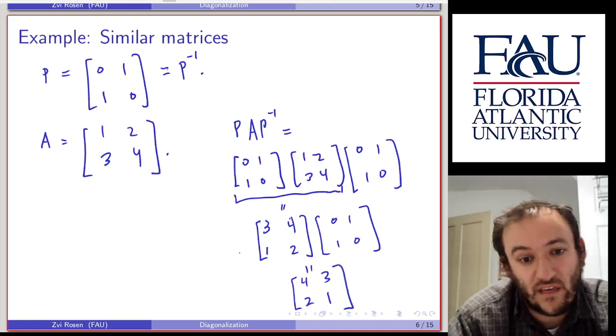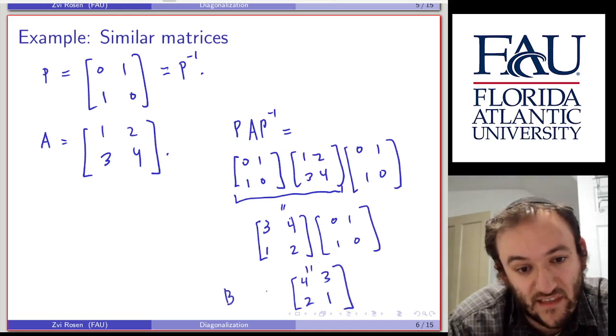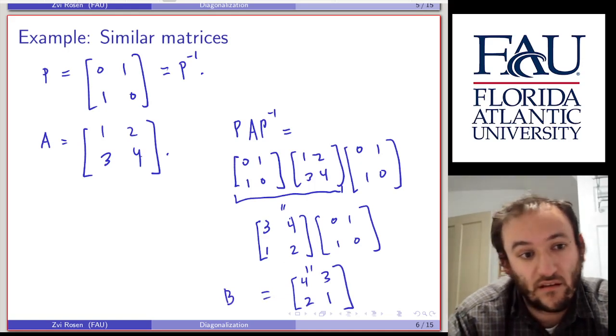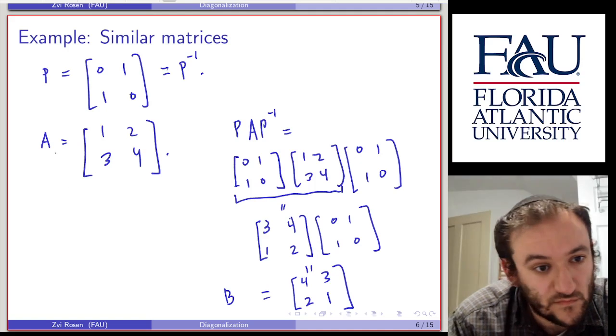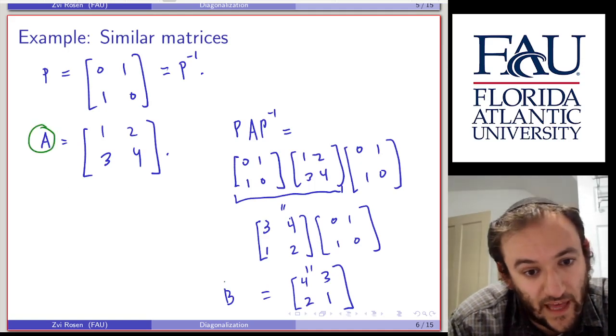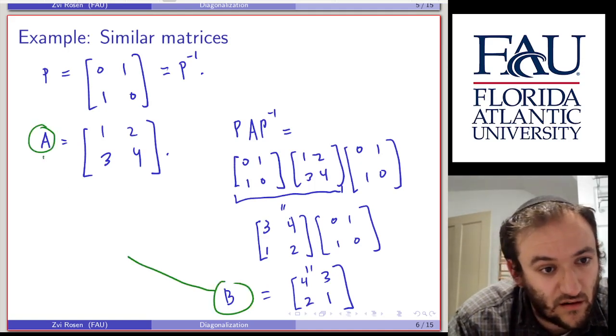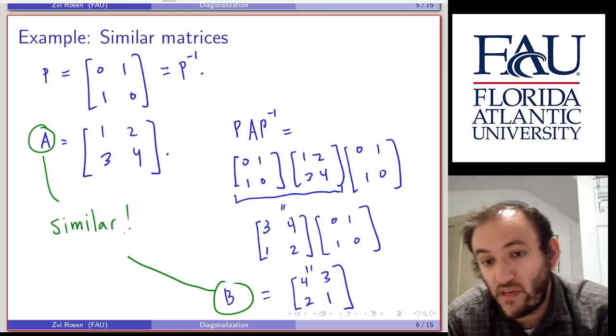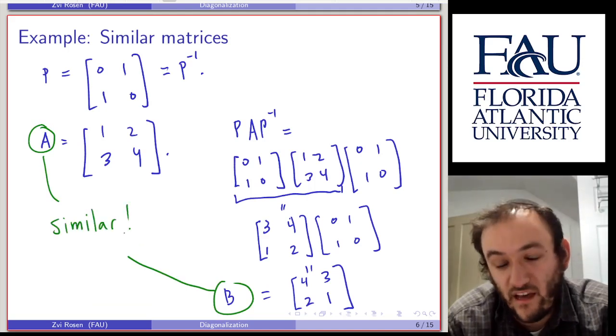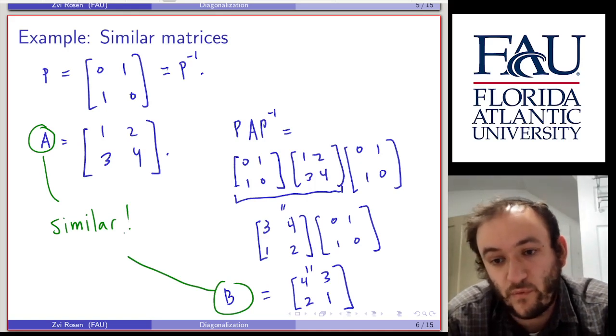So what that tells me is this: if I name this matrix B, then these two matrices, A and B, are similar because there's a matrix P such that B is equal to P A P inverse. Okay?